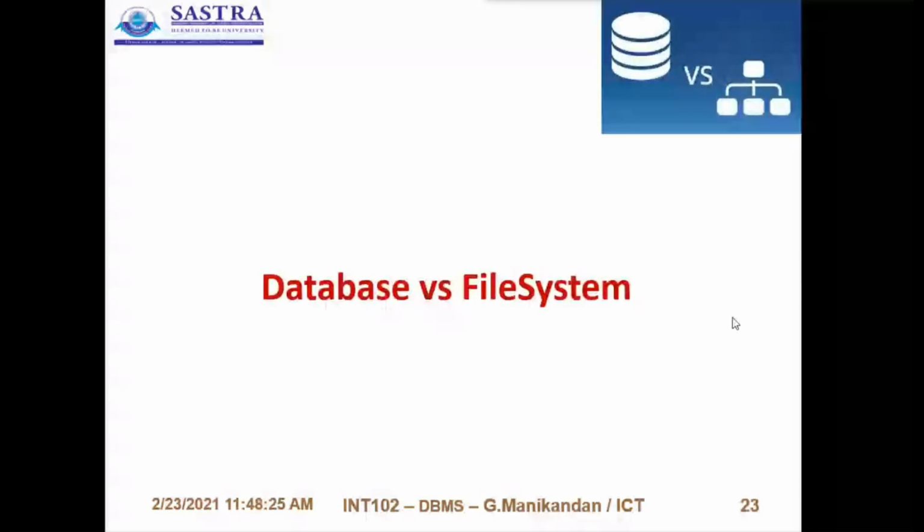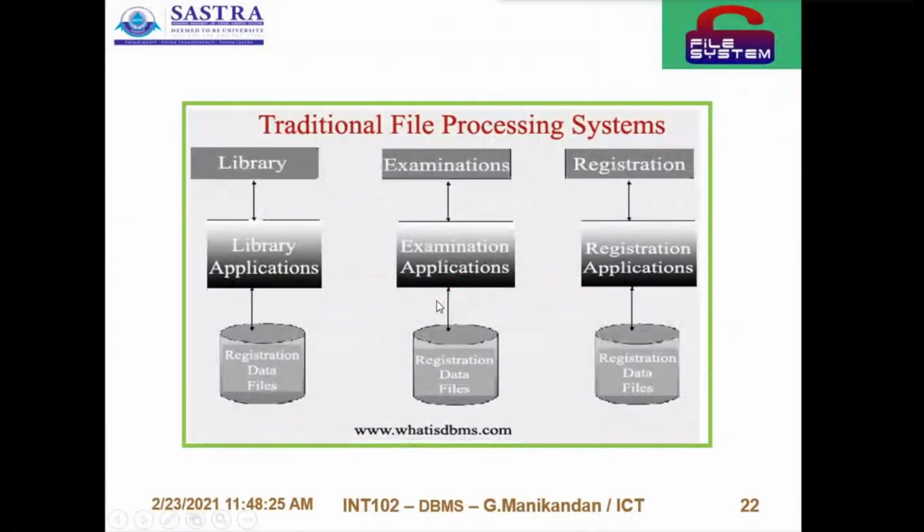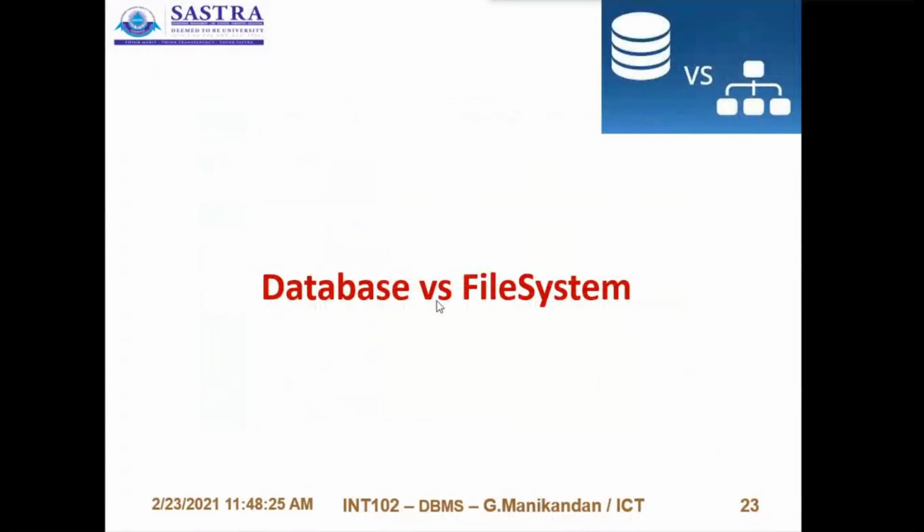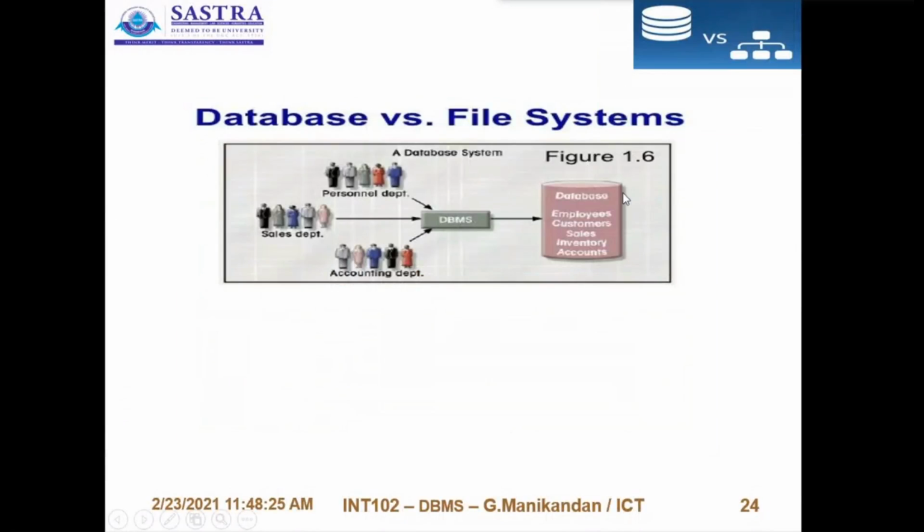Okay. So for the same university scenario, instead of file processing, if you are going to use a database, you can have a diagrammatic representation like this. See here, the information about the student is stored in a single location. But I think this diagram is for a different scenario, for example, a company related scenario.